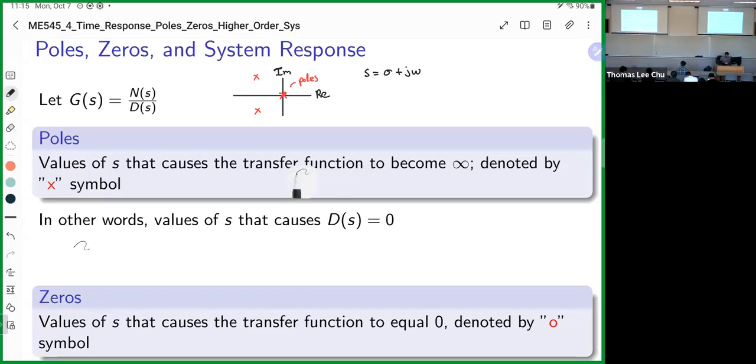So let's say I were to express G of s as equal to, and we don't care what's in the numerator because we're talking about poles here, 1 over s plus p1, if we factorize D of s, s plus p2, s plus, and then we have n poles.